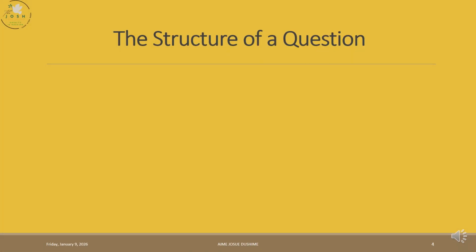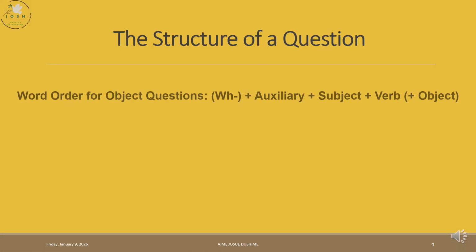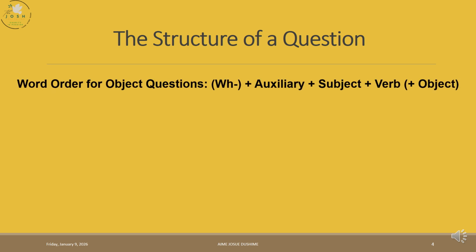Let's see the structure of a question. We have what we call the object question. We are going to learn in the next lesson what an object question is, but here, as a short introduction, an object question is a question we ask when we want to know the receiver of an action. We have a WH.